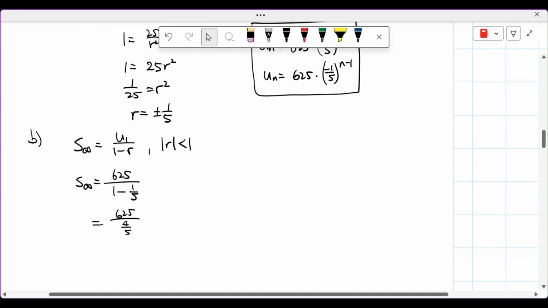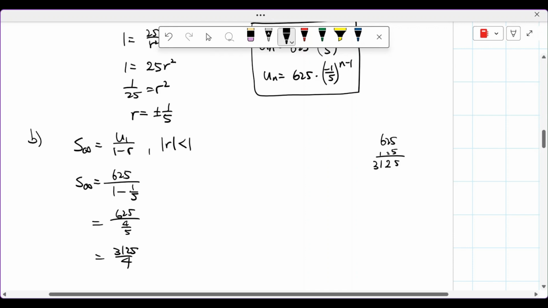So what is that? 625 times 5 over 4. It's going to be 3,125 over 4.